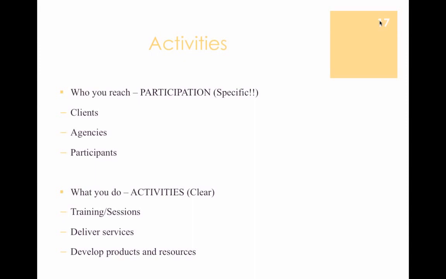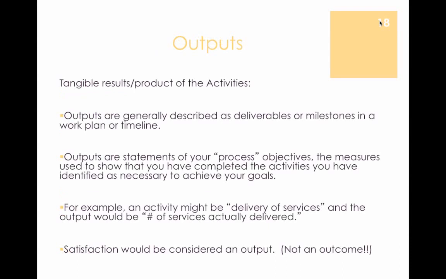These are your inputs. Then we get to the activities, and the activities are split into 2 parts. One is who you're going to reach specifically, whether these are clients, agencies, or participants. It may be 100 youth or 25 adults ages 24 to 35. Whatever it is, you want to be specific. And the same thing with the activities.